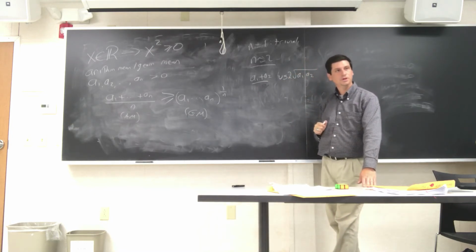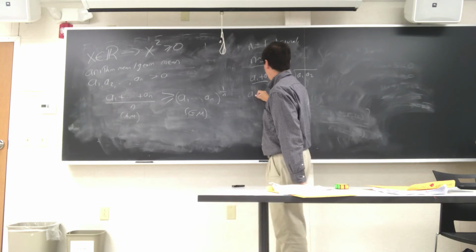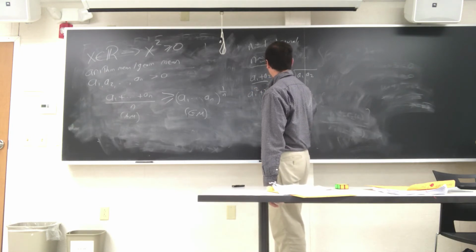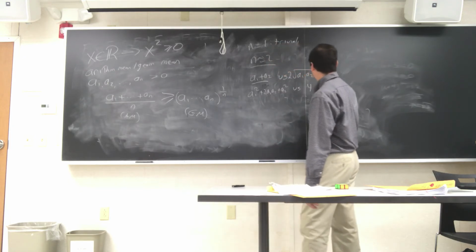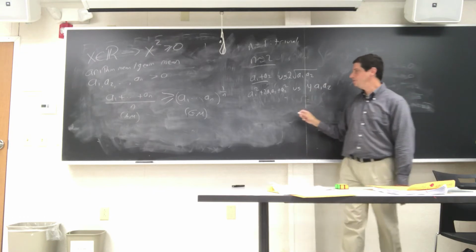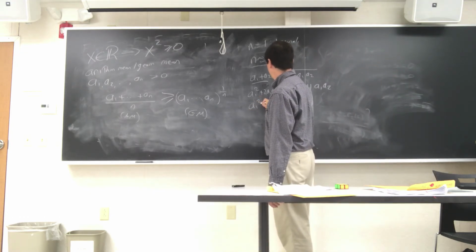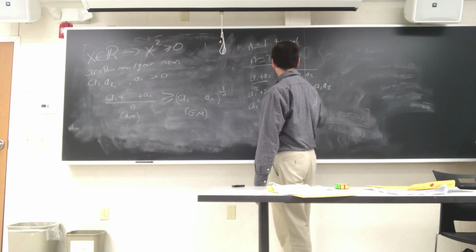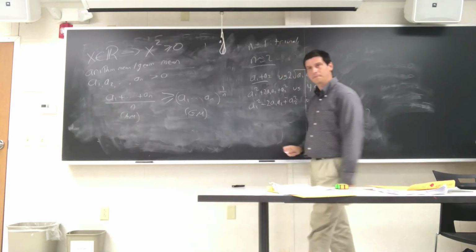Right? So if I square, I get a1 squared plus 2 a1 a2 plus a2 squared versus 4 a1 a2. I bring this over, I get a1 squared minus 2 a1 a2 plus a2 squared versus 0.